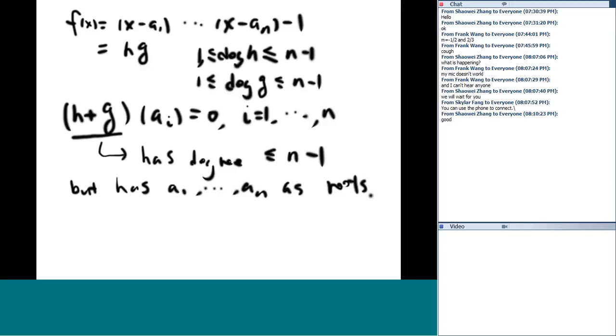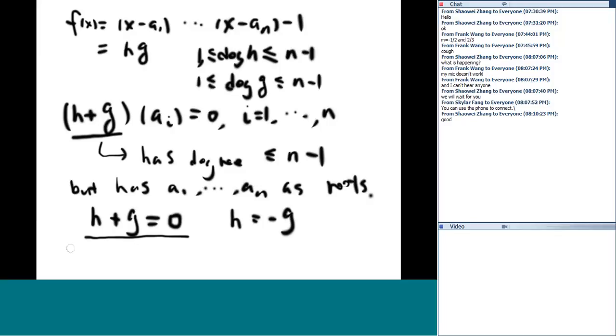So the only possibility is h plus g has to be 0. Got it? Andy, are you there? You get it? Okay. So which means h equals minus g.